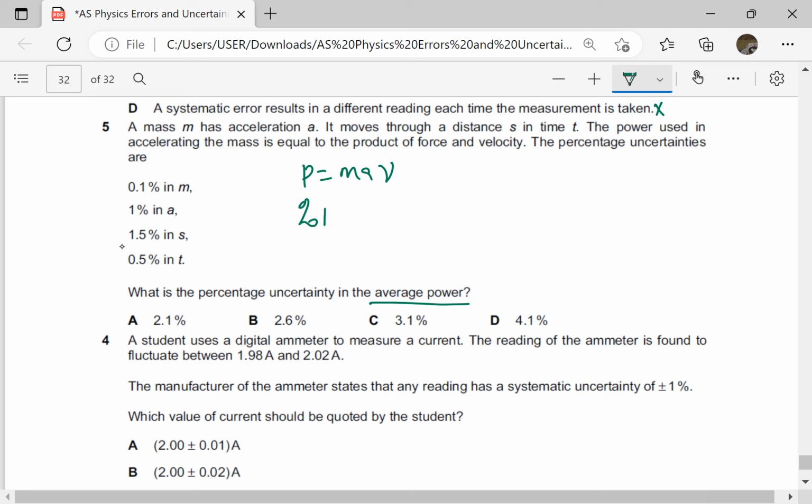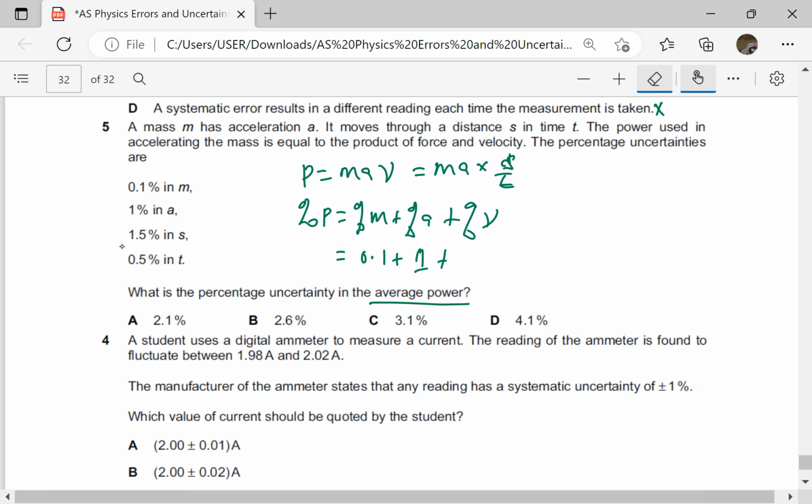So percentage in the power will be percentage in m plus percentage in a plus percentage in v. So in m it is 0.1, in a it is 1. In v, this is going to be ma times v, which is distance s over time. So instead of v, I will put there s.